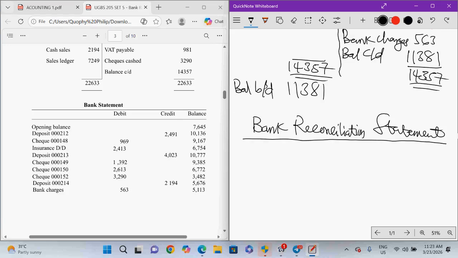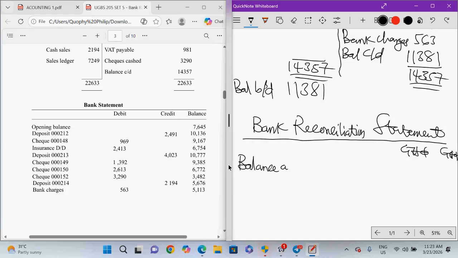So with the bank reconciliation statement, we can start with our balance as per adjusted cash book, or we can start with the balance as per the bank statement. Who can tell me the balance as per the bank statement?